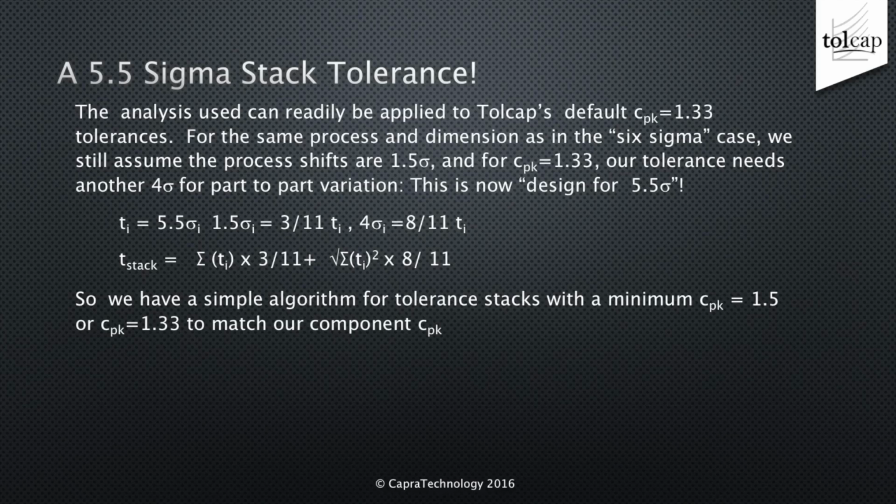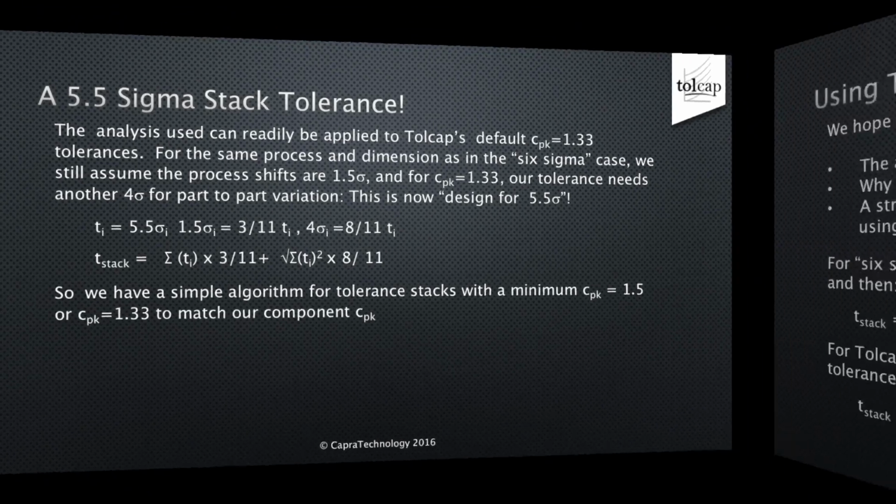So Ti is 5.5 sigma, 1.5 sigma i is 3/11ths of Ti, and 4 sigma is 8/11ths of Ti. So the T stack comes to be 3/11ths of the sum of the tolerances and 8/11ths of the root sum square of the tolerances. So we have a simple algorithm for tolerance stacks with a minimum CPK is 1.5 or CPK is 1.33 to match our component CPK.